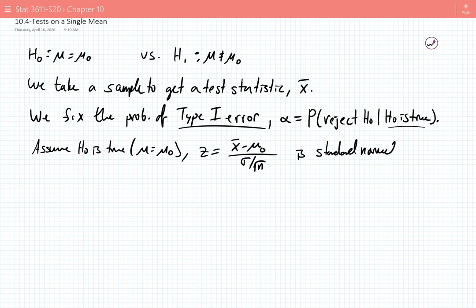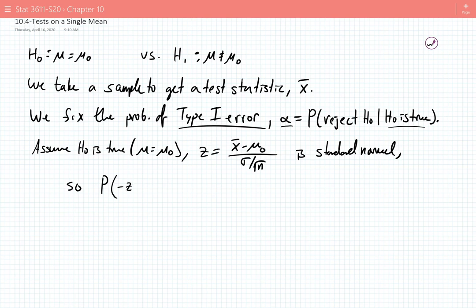And so we can calculate the probability of getting different z values. And we can do so that the probability is tied into the type 1 error alpha.